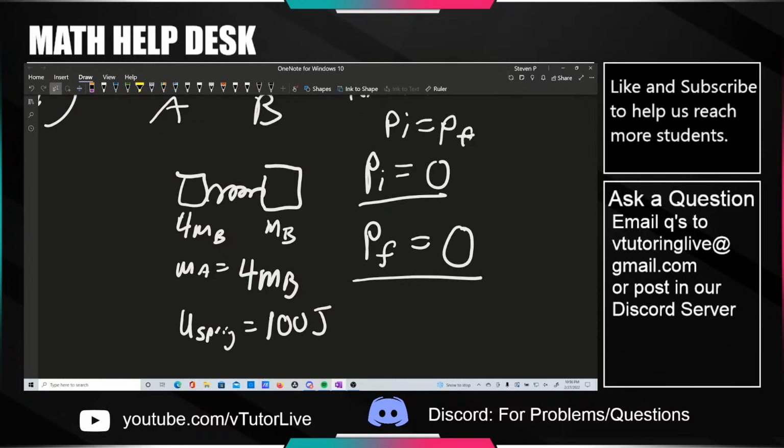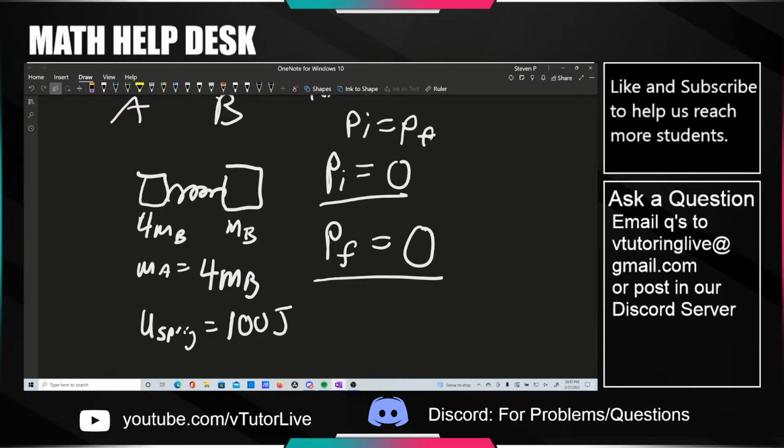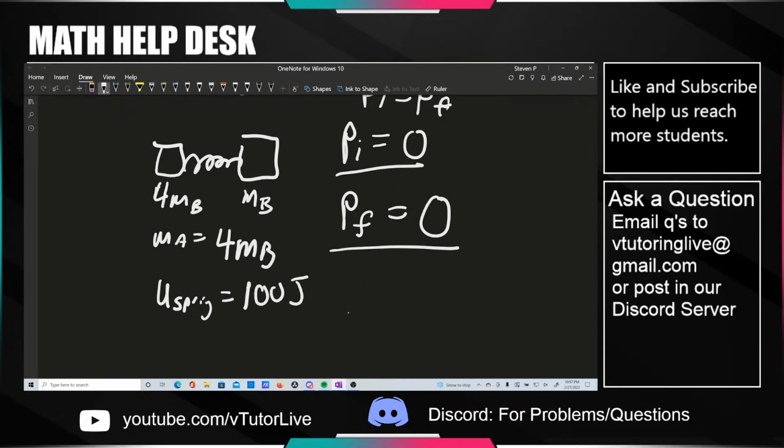But okay. So the fact that the final momentum is equal to 0 is basically saying, if we choose this to be our positive direction, mass B times velocity B plus mass A times velocity of A. I'm going to choose this value to be positive and then represent the fact that it's going left with a minus sign here, okay?